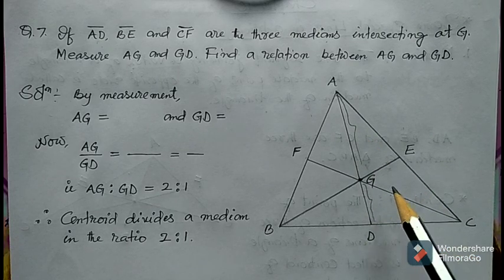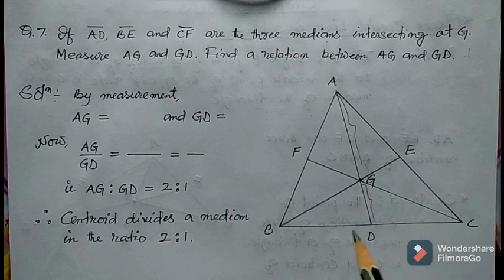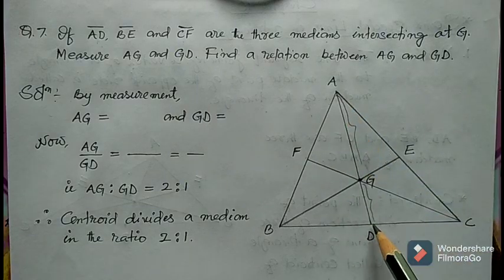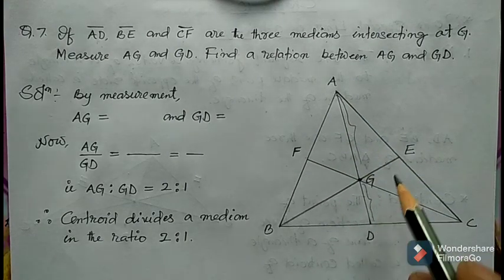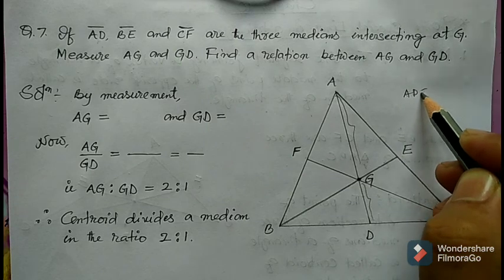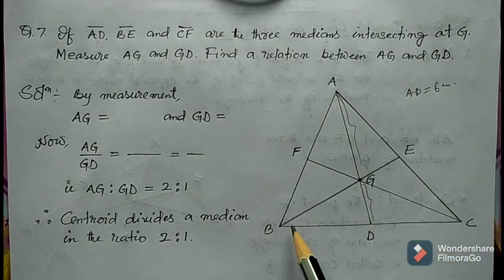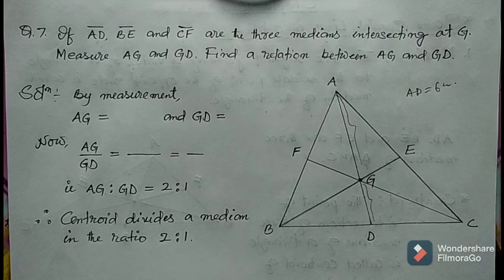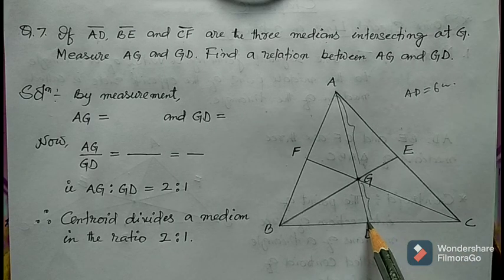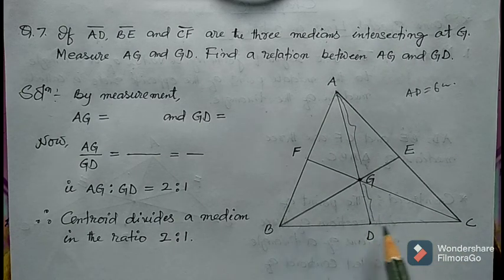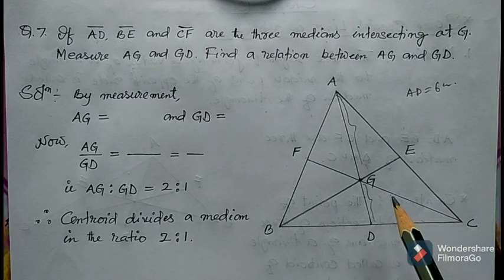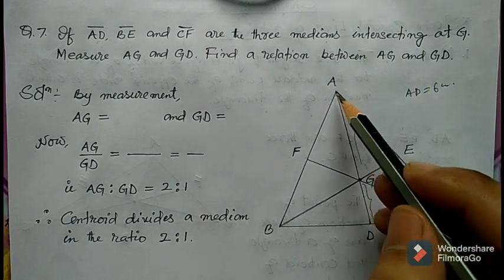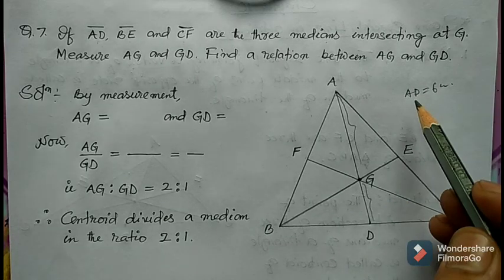And for this, I recommend that you draw AD 6 centimeter long, and BC you can take any size, but here D is the midpoint of BC. So the only thing you should do for this question is draw AD 6 centimeter.